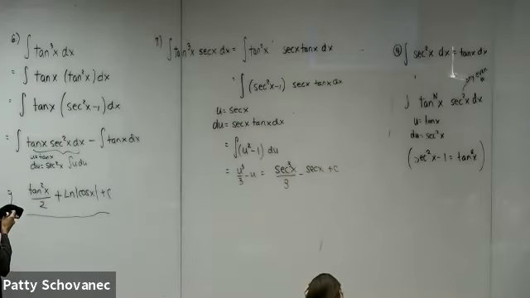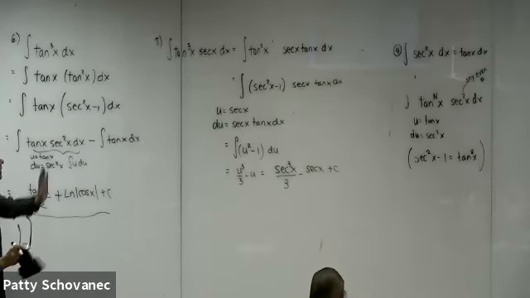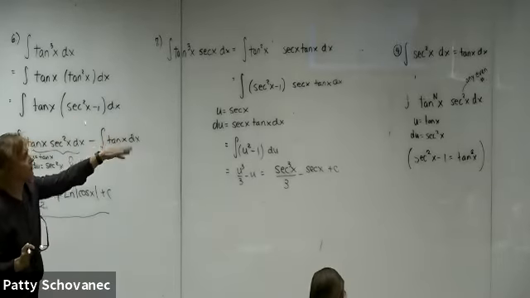So you kind of need an odd power on tangent for that to happen, right? That'll work for any odd power on tangent. But as long as the secant isn't even. Any even secant, you go that route.